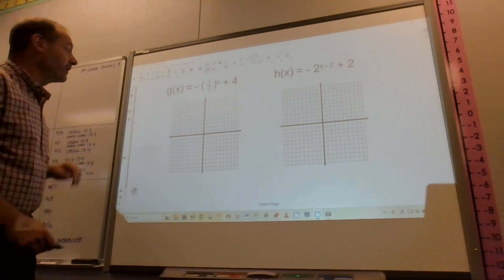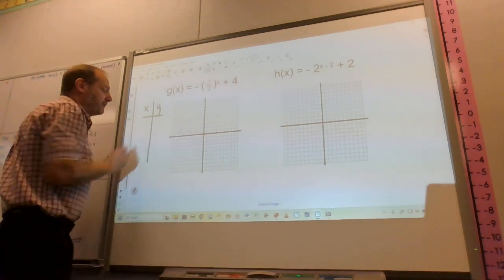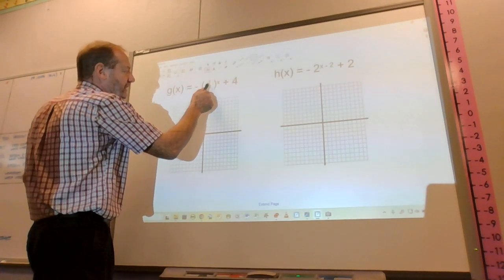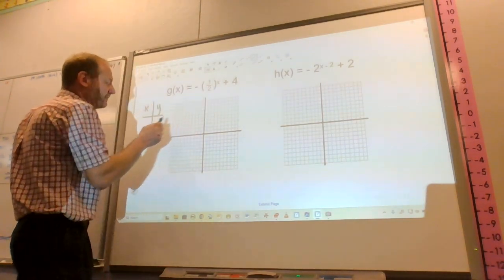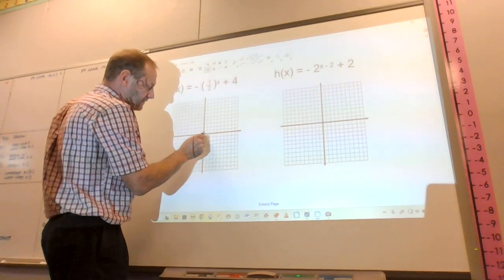Okay, so again, let's just go ahead and make a table. If I plug in 0 here, I get 1, but this is -1, so that ends up being 3. 0, 3.